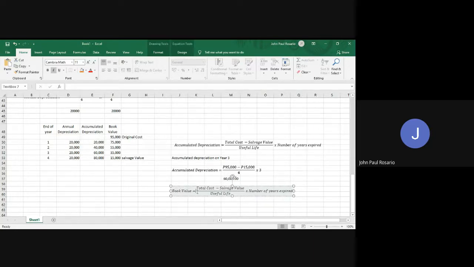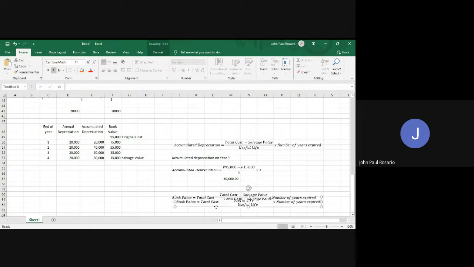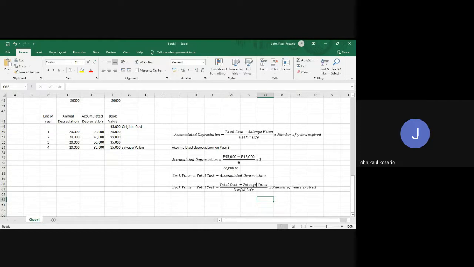total cost less, okay, let me just increase that. Book value is total cost less accumulated depreciation, which is equal to the total cost minus the average value of useful life times the number of years. So for that, if you want to solve it, then we'll get this.